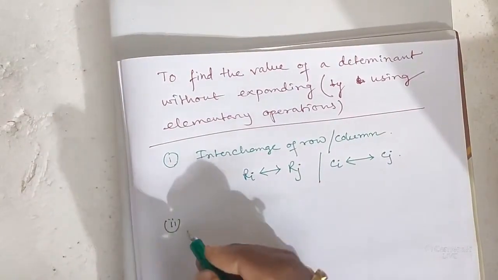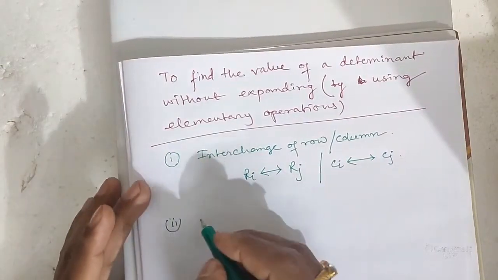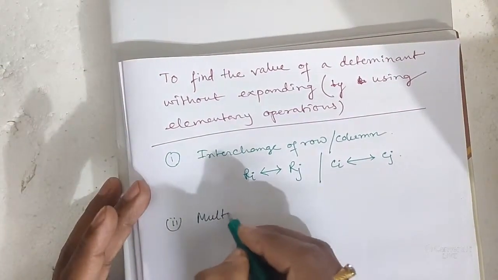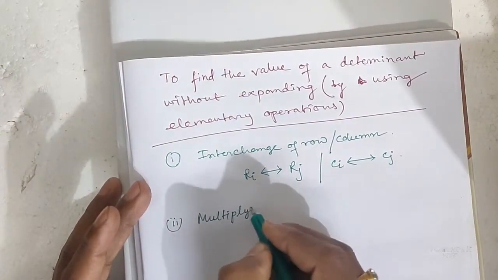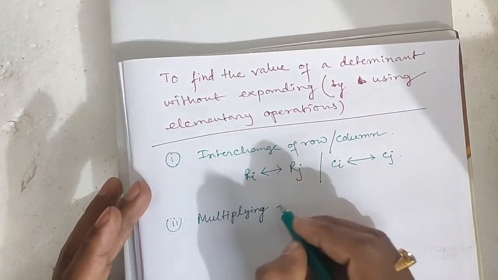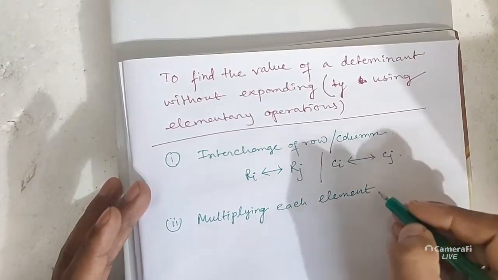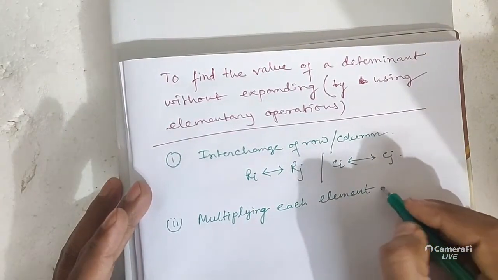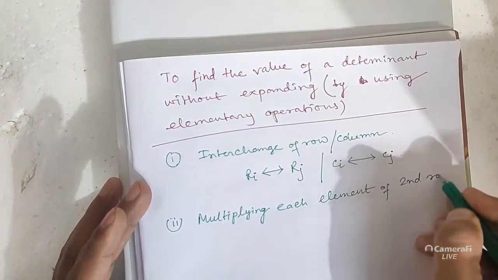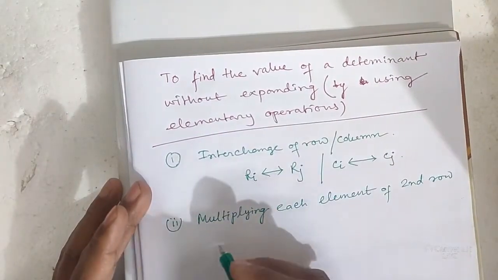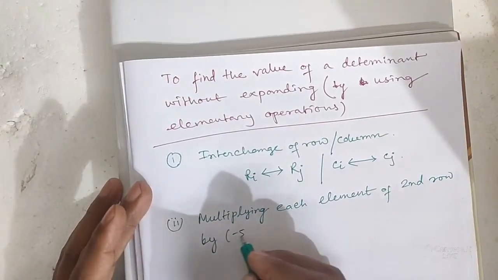Number 2, we can multiply a scalar, multiplying each element of second row by -5.